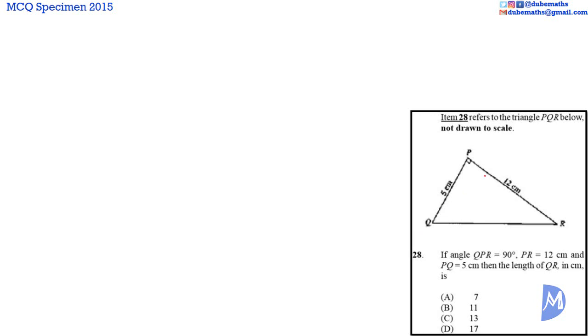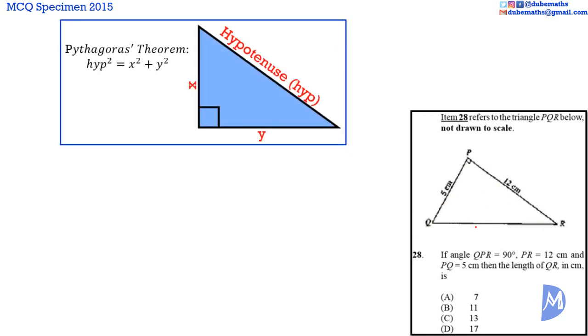Question 28. In this right angle triangle, we are given the length of two sides, and we are asked to find the third, the hypotenuse. Pythagoras theorem says that the hypotenuse squared is equal to the sum of the square of the other two sides.